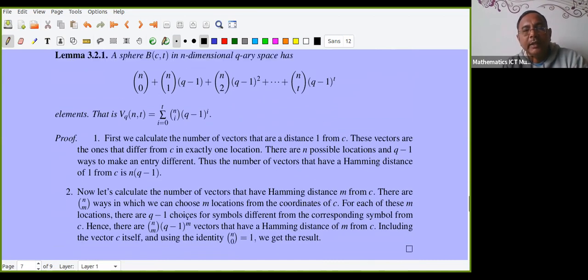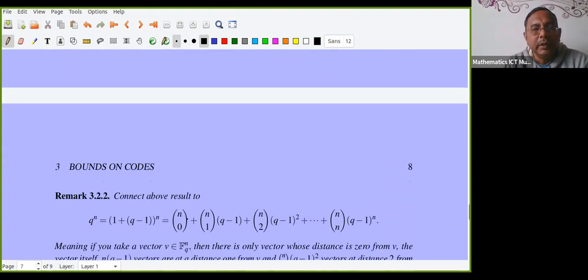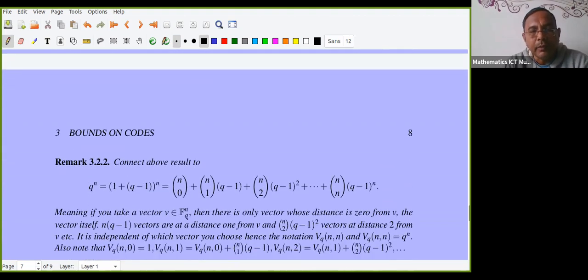So that is what I wrote here. The proof, I think, is easy for you. We already discussed it earlier. Now look here. If you take the largest possible distance, then we get all the vectors, that means the sum equals q power n itself.